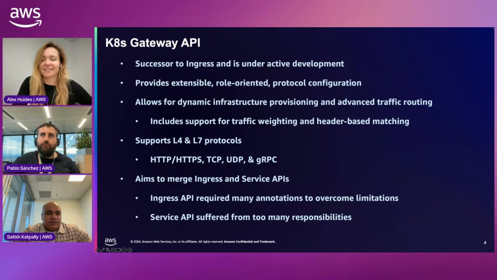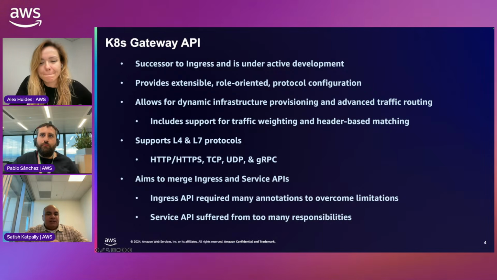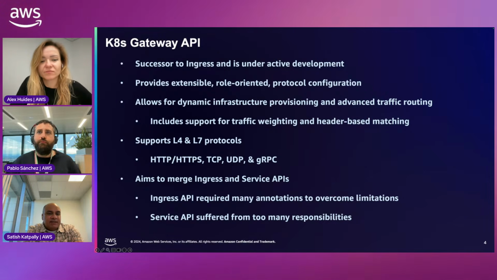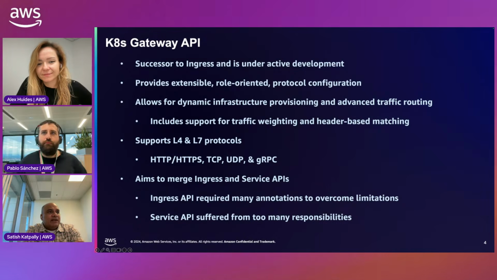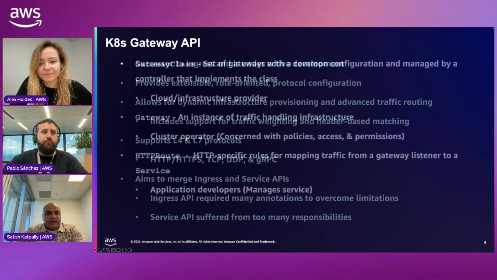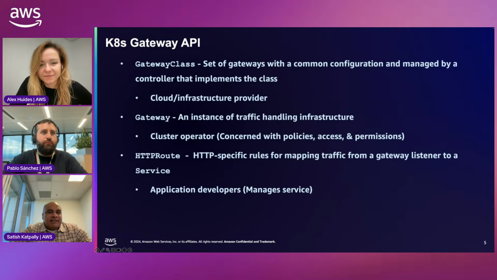The goal was to merge the Ingress and the service APIs to overcome their limitations, and the service API itself suffered from too many responsibilities, as in you overloaded the service with a lot of things. Versus now, if I go to the next slide, the structure itself evolved to say, look, there are two personas here.